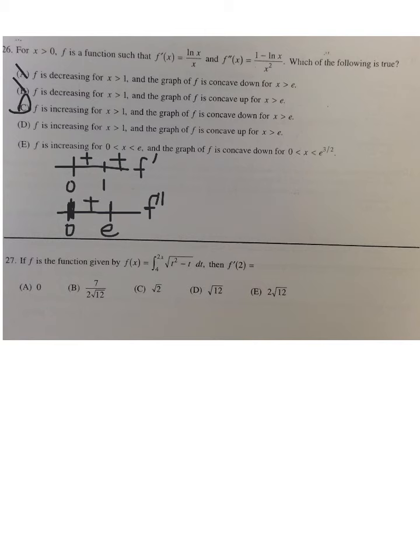Okay, next what I'm going to do is I'm going to plug in something larger, like 3, because again, that's 2.718. So if I plug in 3, I know that the ln of 3 is something positive, okay?